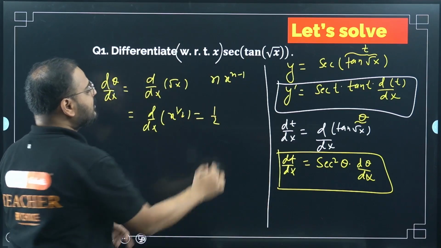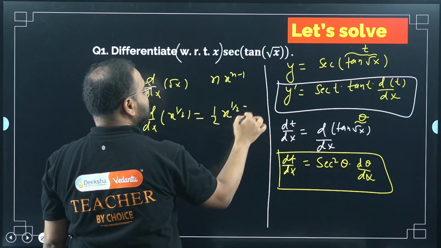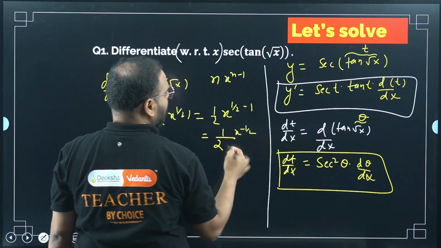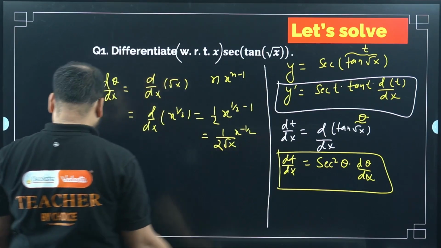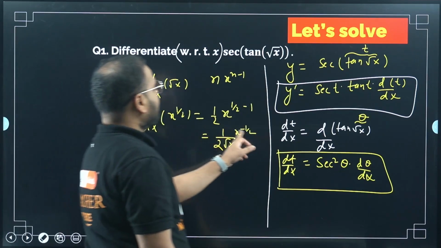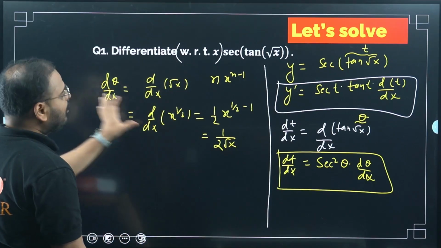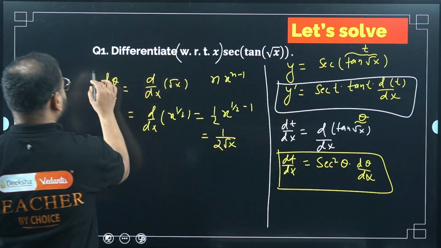So 1 by 2 will come out and x will be power 1 by 2 minus 1. How much is that? 1 by 2 and x power minus 1 by 2, which is simply 1 by root x. I hope you understand this. Now I have all these things. I'll club them together. First I'll put this.